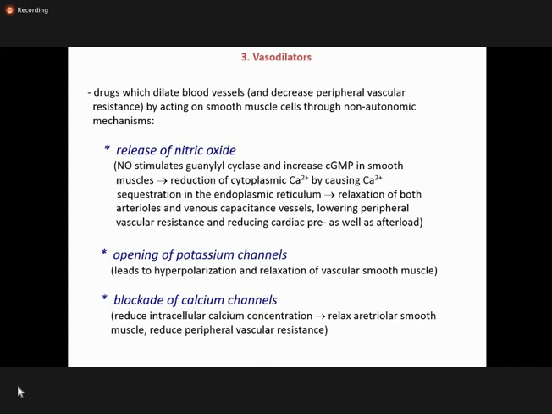The third mechanism involved in vasodilatation of the vessels is the blockade of calcium channels. Reduced intracellular calcium concentration relaxes more. This activity is more with arteriolar smooth muscles than venous. That will reduce peripheral vascular resistance.